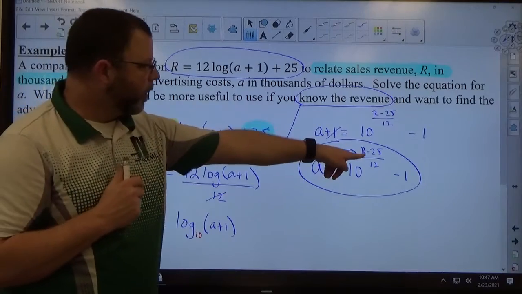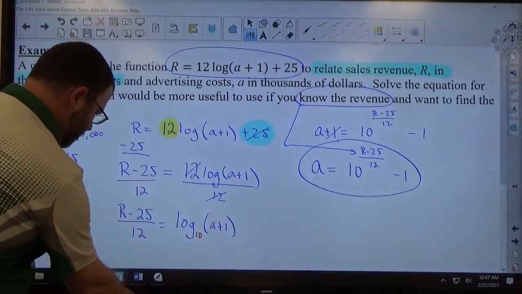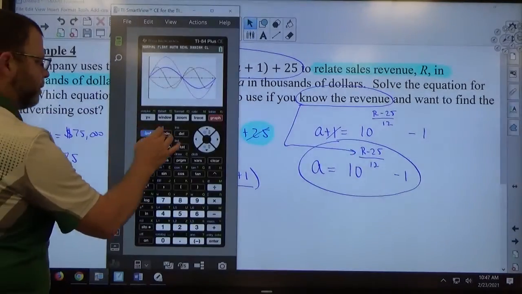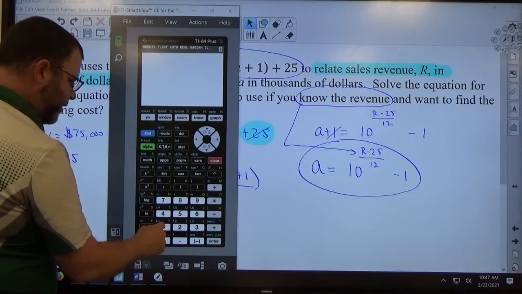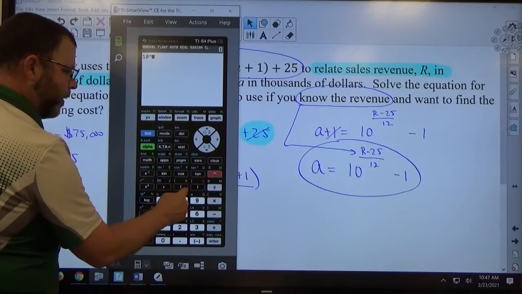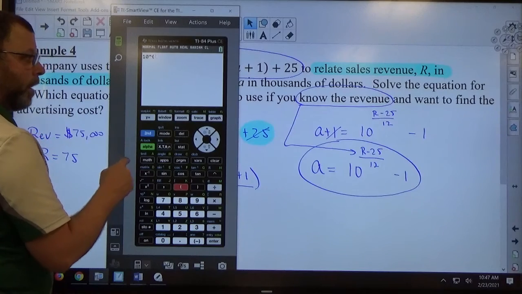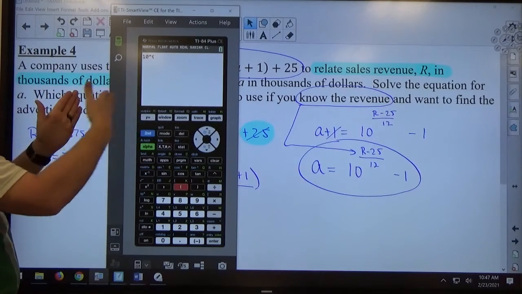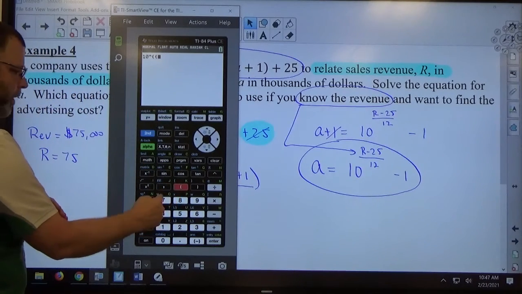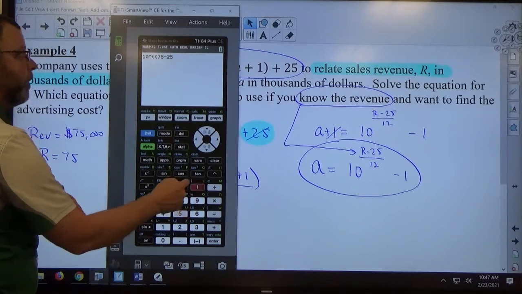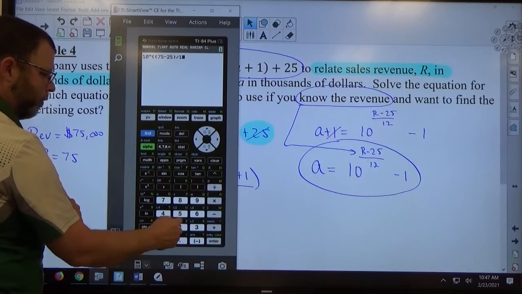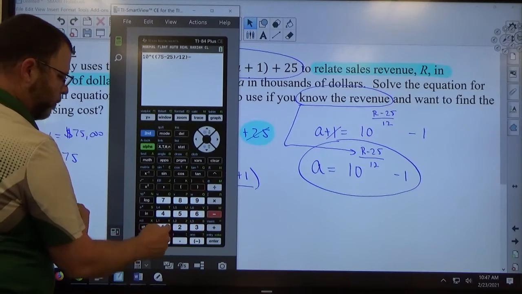If I come over here and let r equal 75, I'm going to say 10 caret parentheses, and then I want to subtract 75 minus 25 on top, so parentheses again, 75 minus 25 in parentheses divided by 12 in parentheses minus 1.